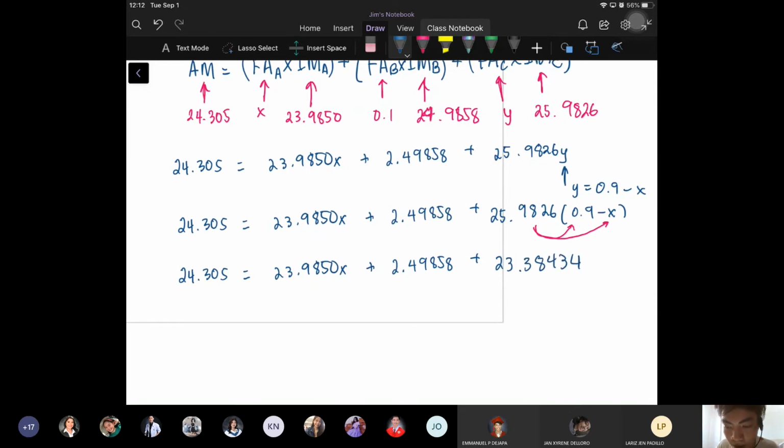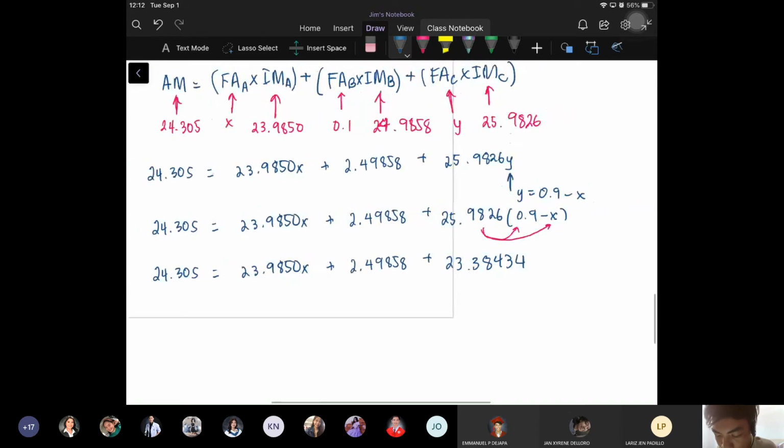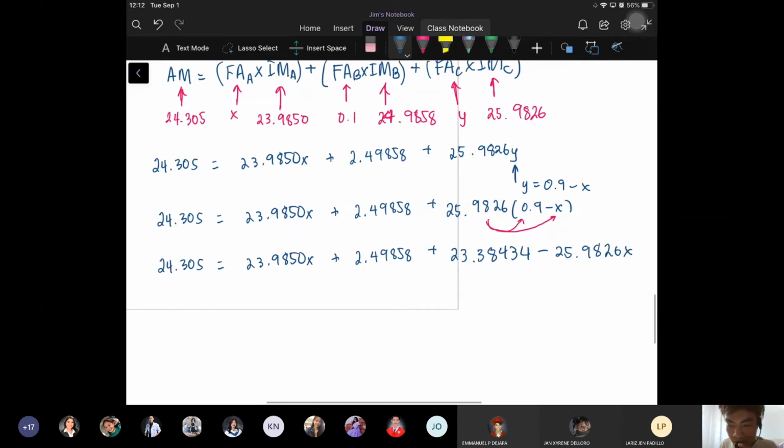By the way, I'm going to copy all the digits as much as possible. And then 25.9826 times negative x will give me negative 25.9826x. Then what's left? Just algebra.